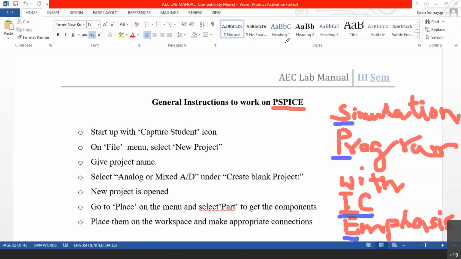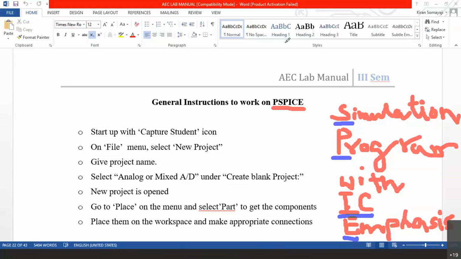When you come to third year, in the 5th semester, you have a lab called VLSI lab. There you are going to work with one more software called Cadence. That is also a simulation program, but that is going to work both for digital as well as analog. Now, in the case of PSpice, it is mainly analog circuitry, means circuit you have to connect, picking up the devices, and you have to simulate.